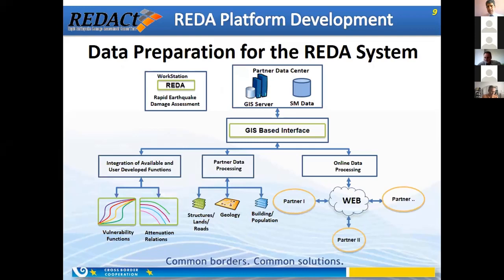Then here is the data preparation for the REDA system, which Kostas already mentioned. Each partner will have their own data center. In the partner data center, there will be strong motion data and a GIS server, and we will have a GIS-based interface.